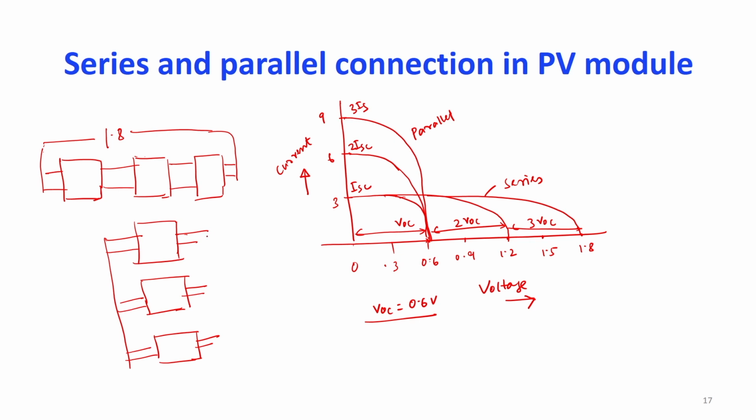Same connections what we have discussed for cells, again we are drawing for 3 and this is at 6 volt, right, and this is series and this is parallel. Okay.